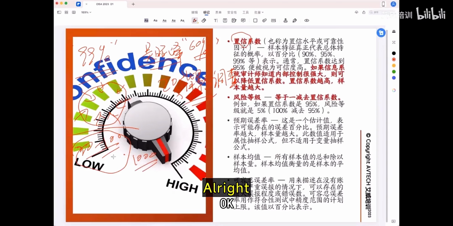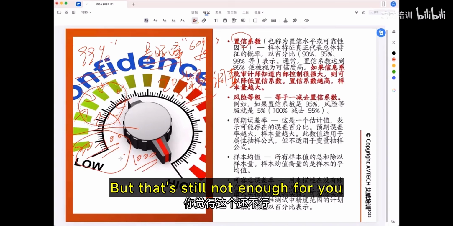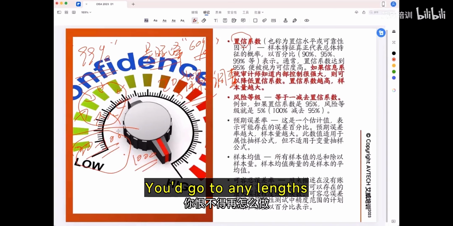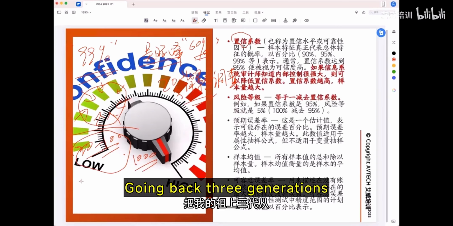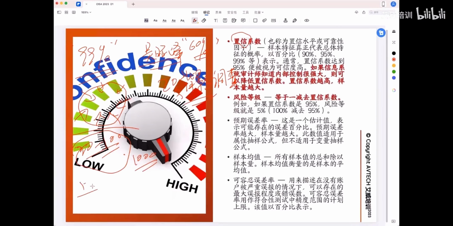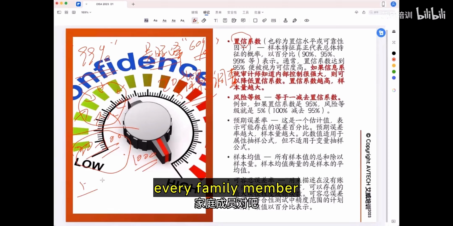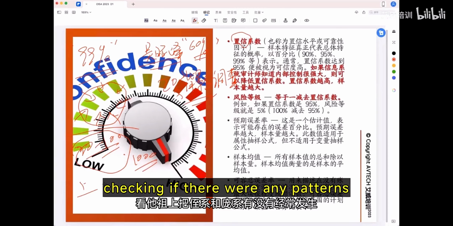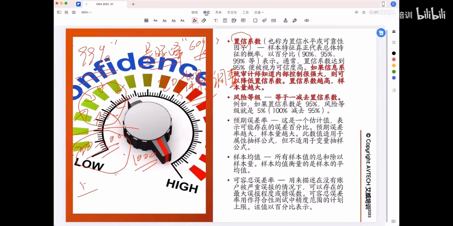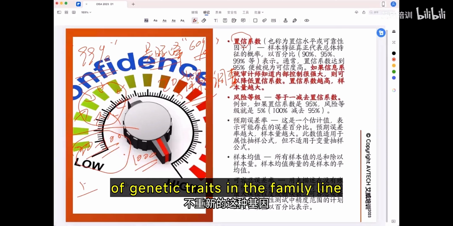Alright. But that's still not enough for you. You'd go to any length. Going back 3 generations, you'd trace all the family lines. Every family member, one by one, checking if there were any patterns of genetic traits in the family line.